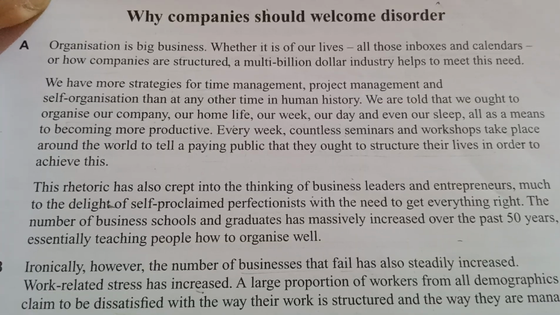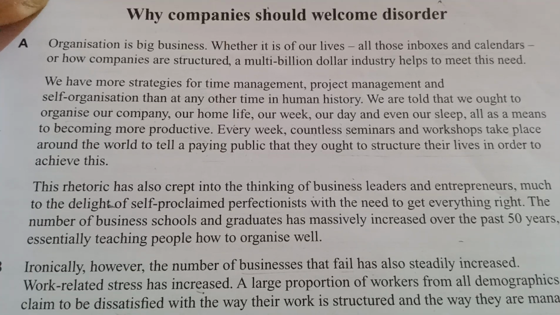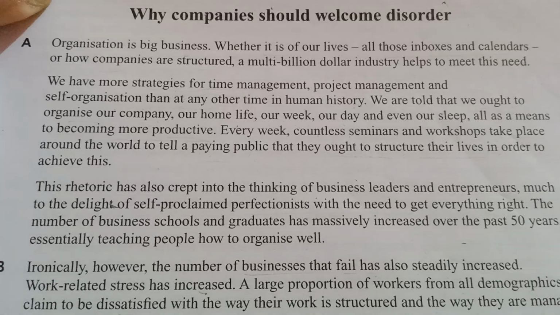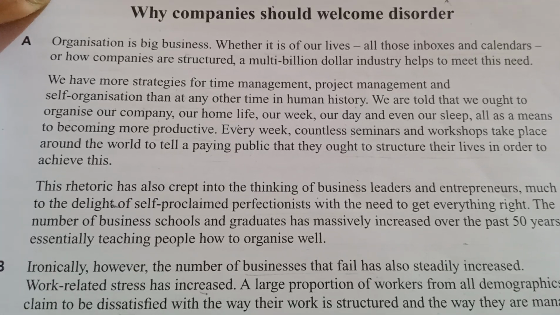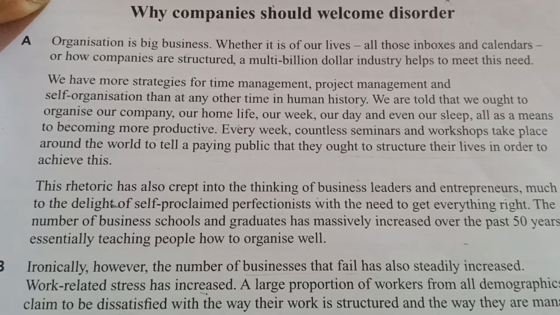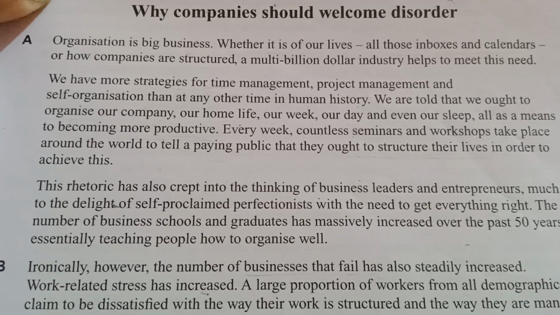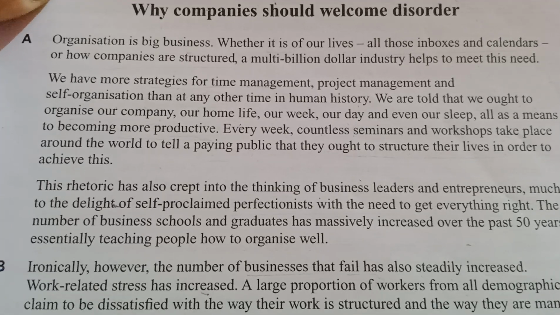Now I will try to use all 5 methods here to find out the accurate heading. Let's first read the first 2 lines. Organization is big business. Whether it is our lives, all those inboxes and calendars, or how companies are structured, a multi-billion-dollar industry helps to meet this need.